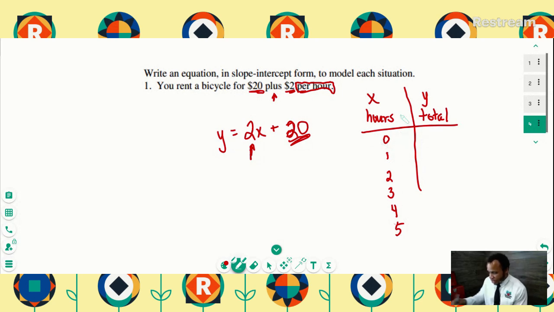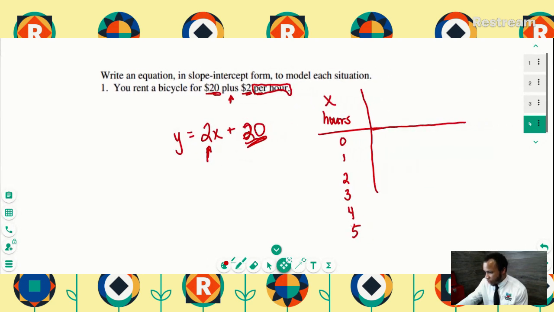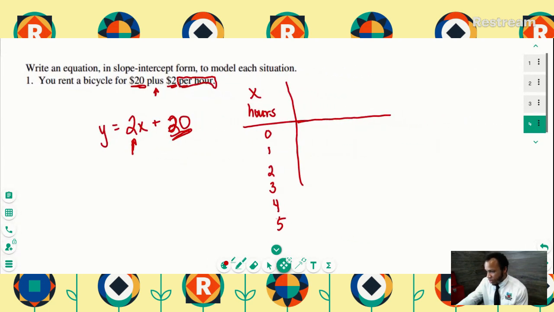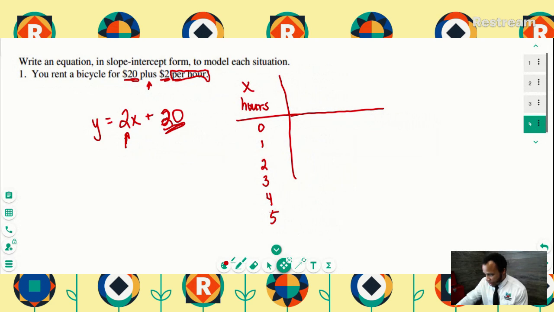All right. So for 0 hours, let's just say you want to call in and say you want to rent the bicycle, but you never go pick it up. Let me shrink the screen a little bit, slide it over so it'll be a little easier to see. And say you don't go pick it up.